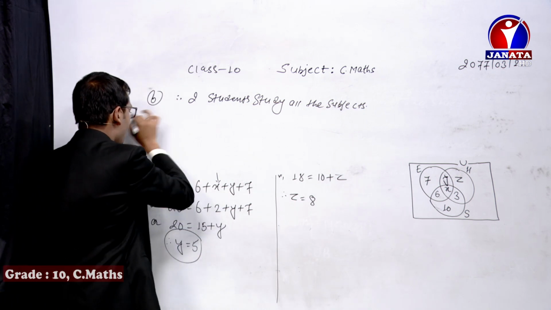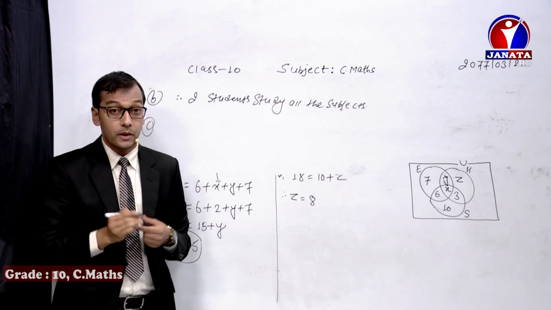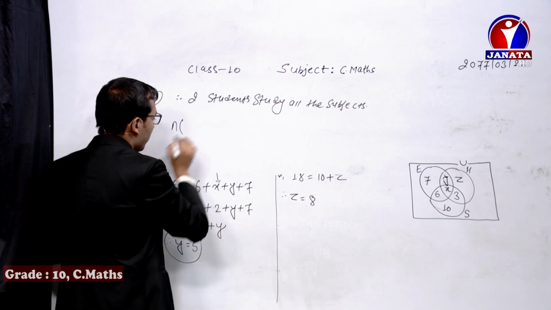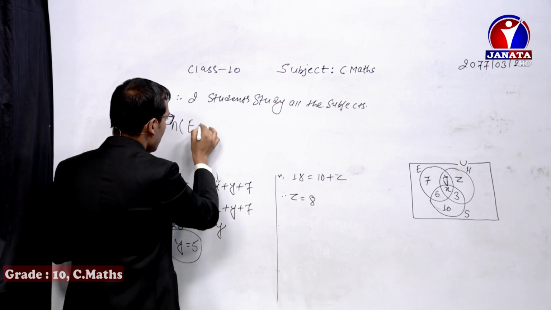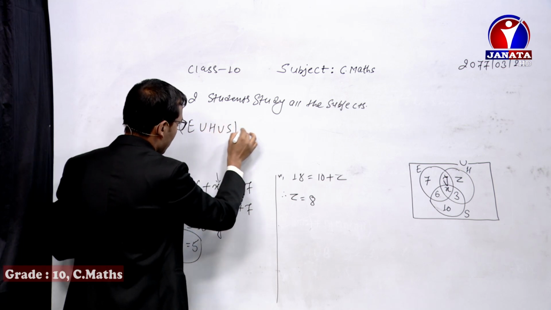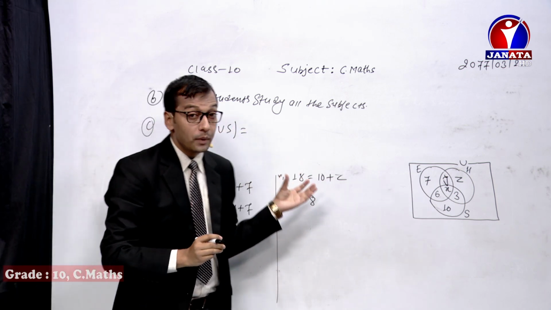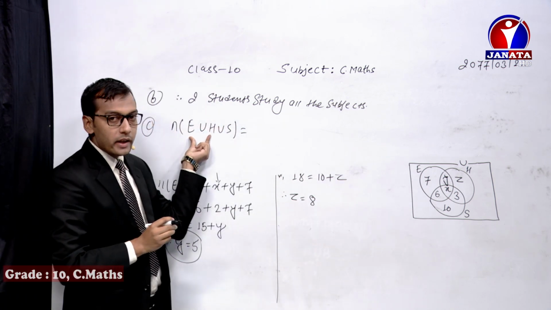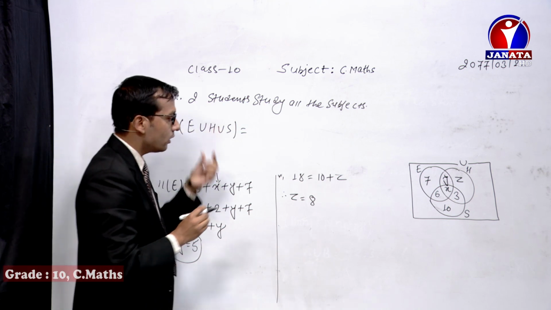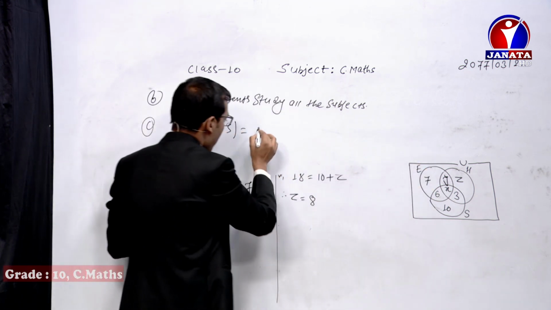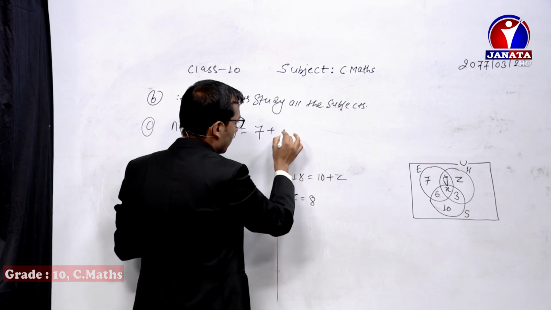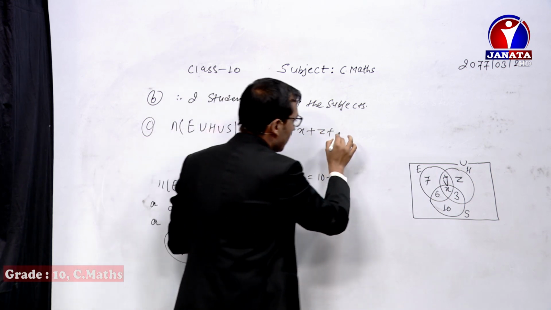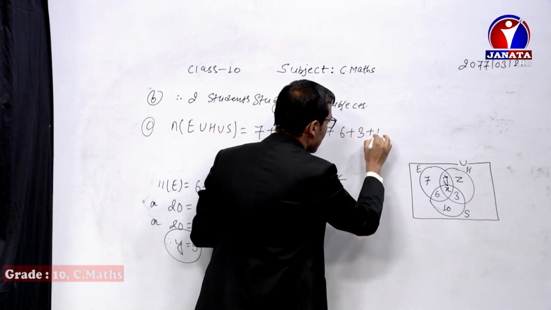The third question is to find the total number of students. To find the total number of students, that means n of E union H union S. Here there is no complement at all, so n of U and the union of the 3 sets are equal. So let's add all the numbers: 7 plus y plus x plus z plus 6 plus 3 plus 10.